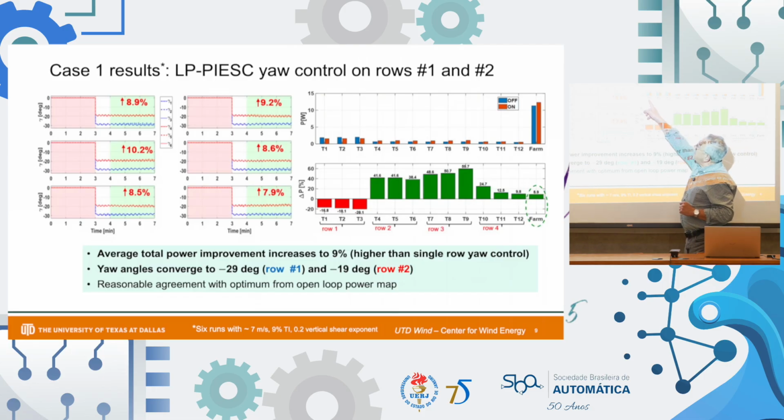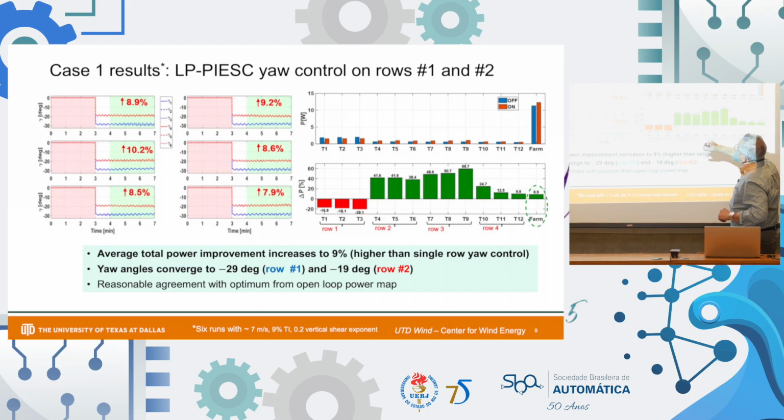So here you see the first row: the power goes down, and that's natural because the first row was seeing the wind head-on, which gives it more power. You turn it, it's going to see less. So the first row goes down.